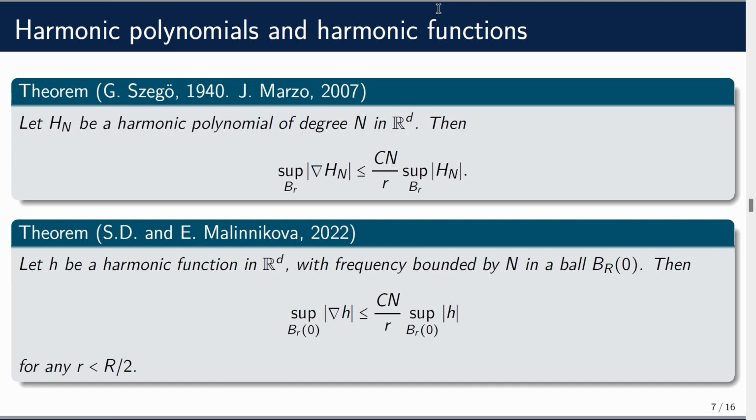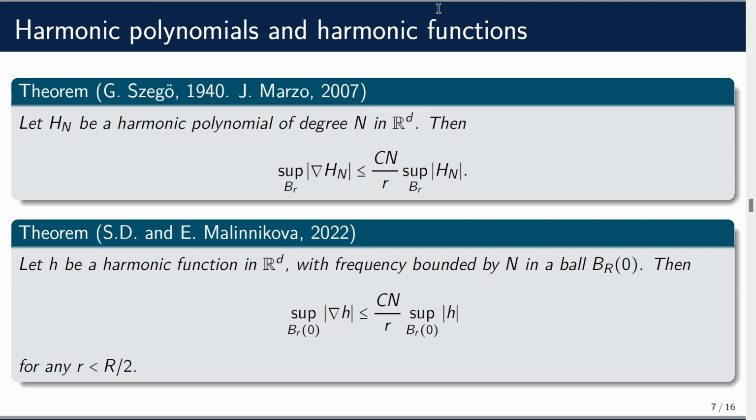Further evidence is something I'm calling a theorem. It's maybe too much. It's a proposition that I shamelessly attribute to Eugenia and I. It probably was known by someone else at some point. It's just not written. So if you have a harmonic function, and I'm talking really about a Euclidean harmonic function, with bounded frequency, probably most of you know what the frequency is, but I'm going to tell you in a second. It's a measure of growth of a harmonic function.